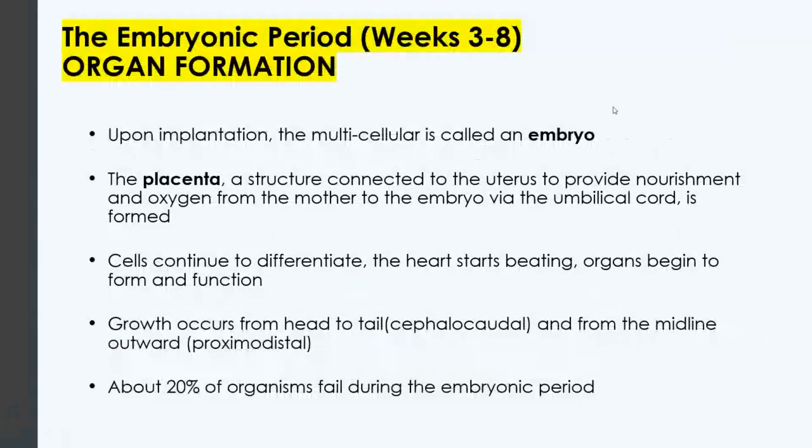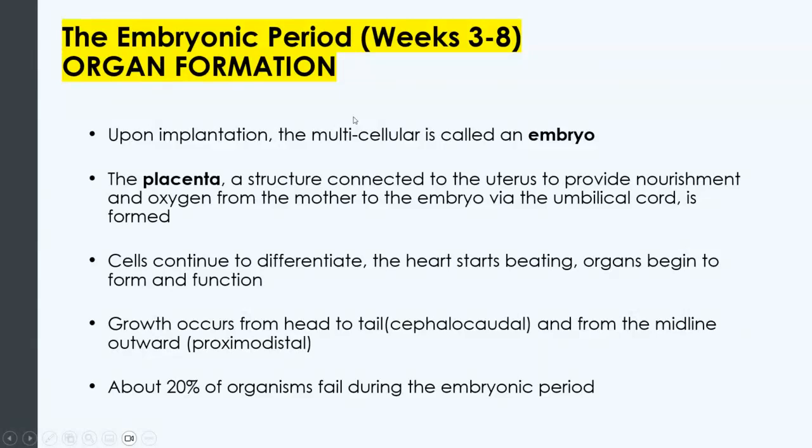The second stage, like I mentioned earlier, is the most significant and most important, and if any teratogens are present in this stage, it can really affect embryonic development, and that would be the embryonic period. As far as importance, this is the one that should be like neon lights flashing, red flag, red flag.